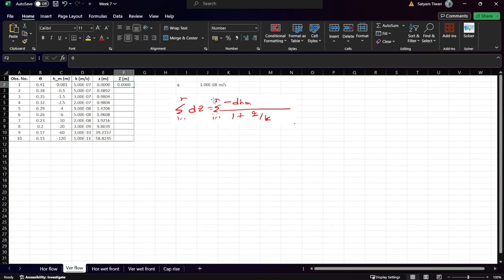And to write capital Z, we'll just need to take a summation. So here we'll write the above value plus this value, right, which we are calculating. So at every step this will update, or this will be accumulated. So the value of Z goes till 117 meters, right?